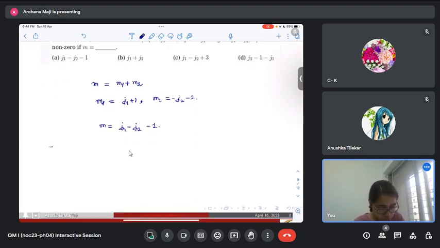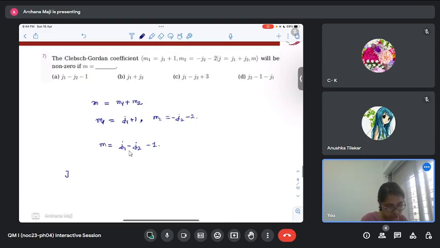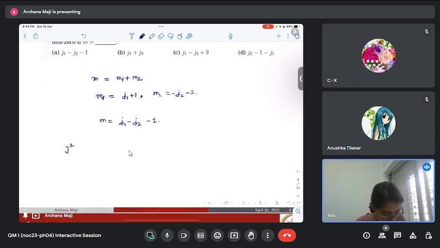One compatible set of operators: j square, let's take j and j1, j2. Fine. So j square, jz. All of them commute. So this is one set.